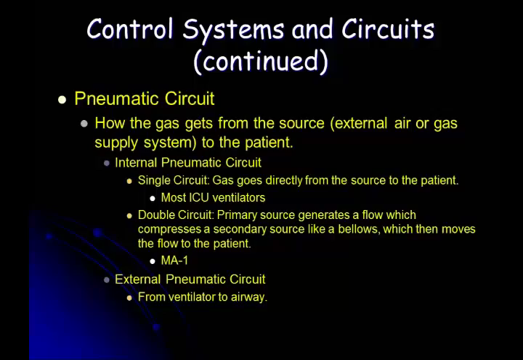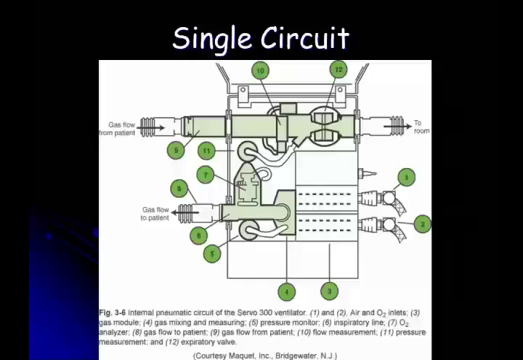Technically, we can have a double circuit, where there's gas that is compressed inside, and then it causes another compression of gas to occur. So there's kind of a secondary circuit. I'll show you the ME1 has a dual circuit. There's a bellows on the inside that compresses some gas. It then pushes further gas to the patient. So the gas in the bellows being compressed isn't the gas that's ultimately delivered to the patient. Screwy.